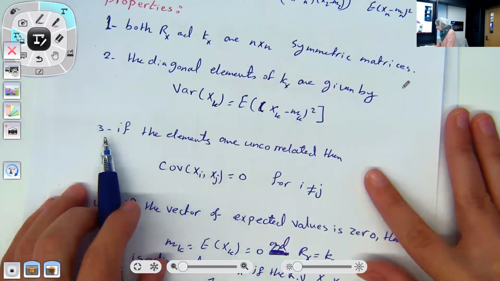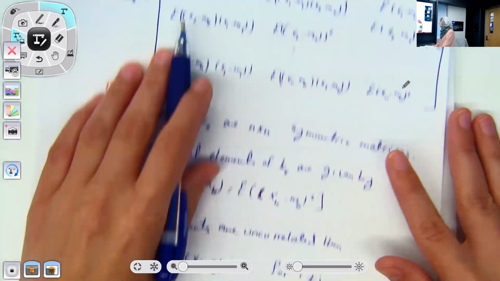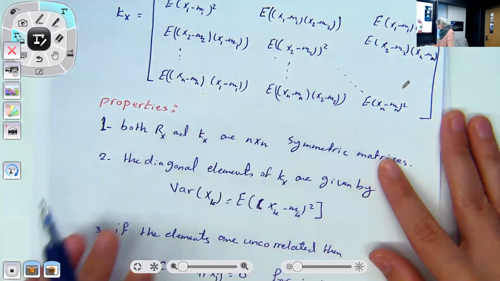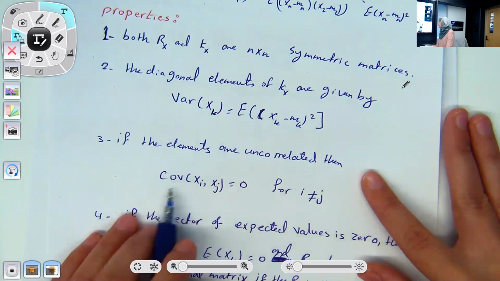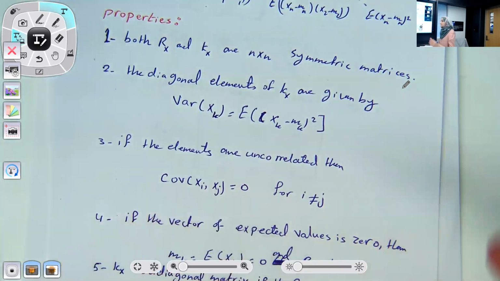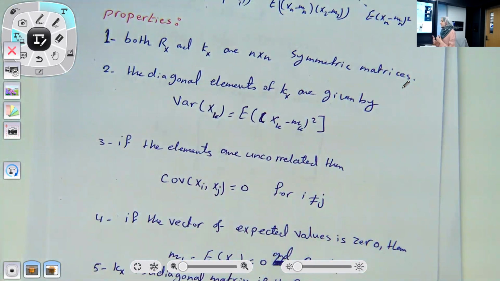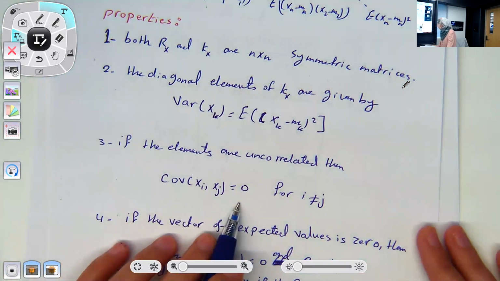The third thing: if the elements are uncorrelated, if these x, here we have x1, x2 up to xn, are uncorrelated, then the covariance between any two equals 0. If we have x1, x2 up to xn, and these are independent and uncorrelated, the covariance here equals 0.